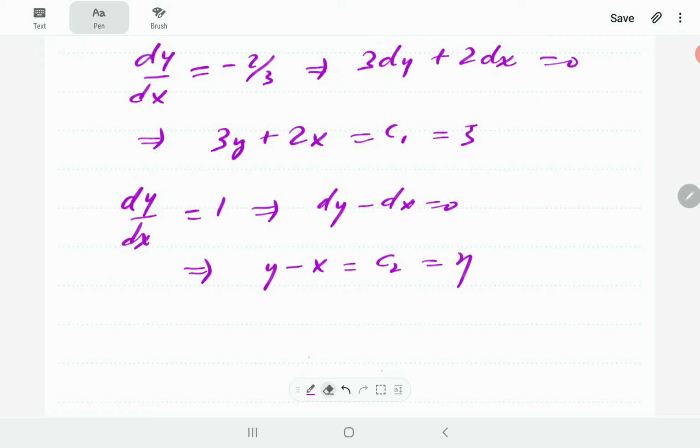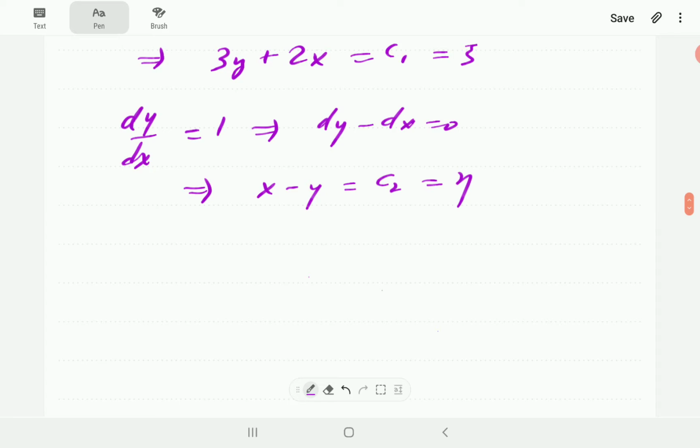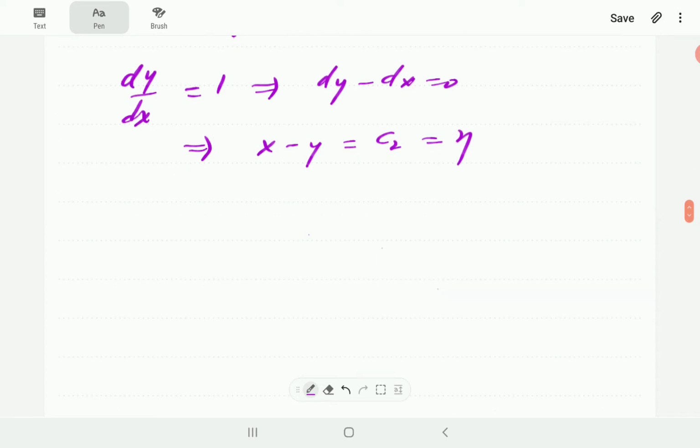In fact, in our working, we have x minus y. So let's do x minus y here, but even if we do y minus x, the solution is still going to be perfectly okay.